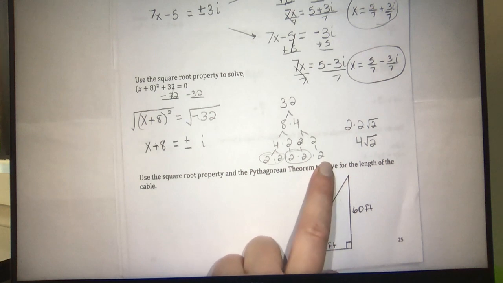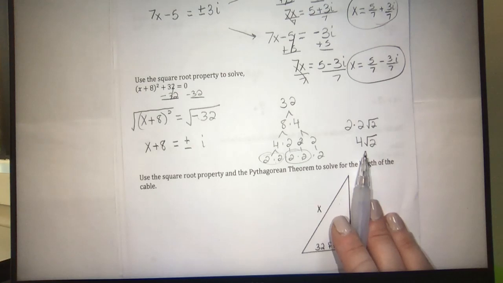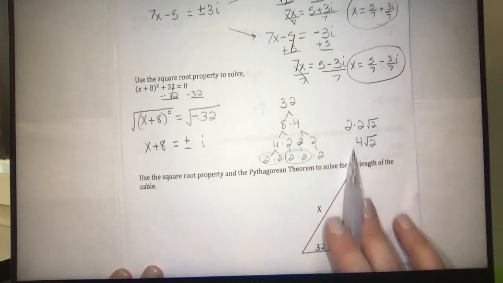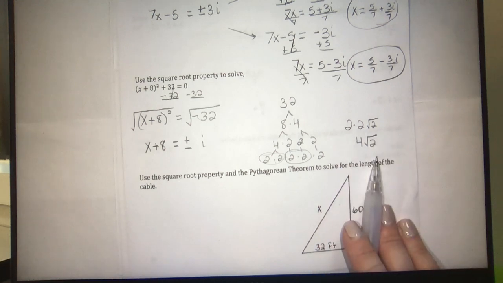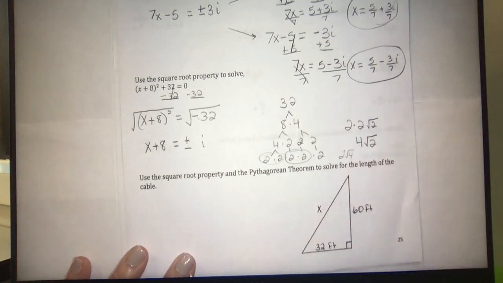Here's a little public service announcement. On the last test, and I'm going to combine you guys with my other class, when I'm talking about students, I mean you guys and them. Half of you wrote this, if I told you to take the square root. The other half of you wrote this. You wrote the wrong number. You got confused about who comes out and who stays in.